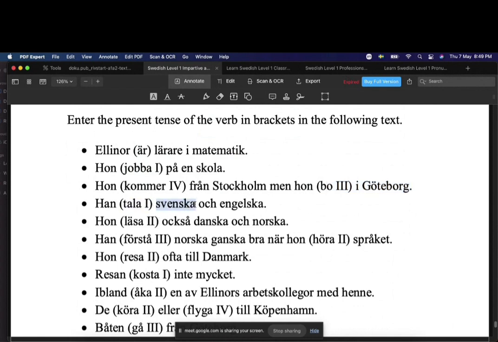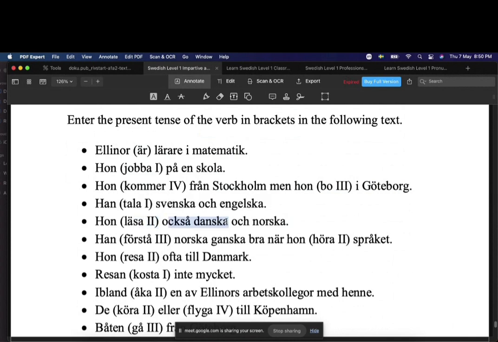"Han talar svenska och engelska": he speaks Swedish and English. "Hon läser också danska." "Tala" means tell, no? "Talar" means to speak. "Han talar svenska och engelska": he speaks Swedish and English. This is group one. "Läsa", group two. What will you do? Drop A and place ER.